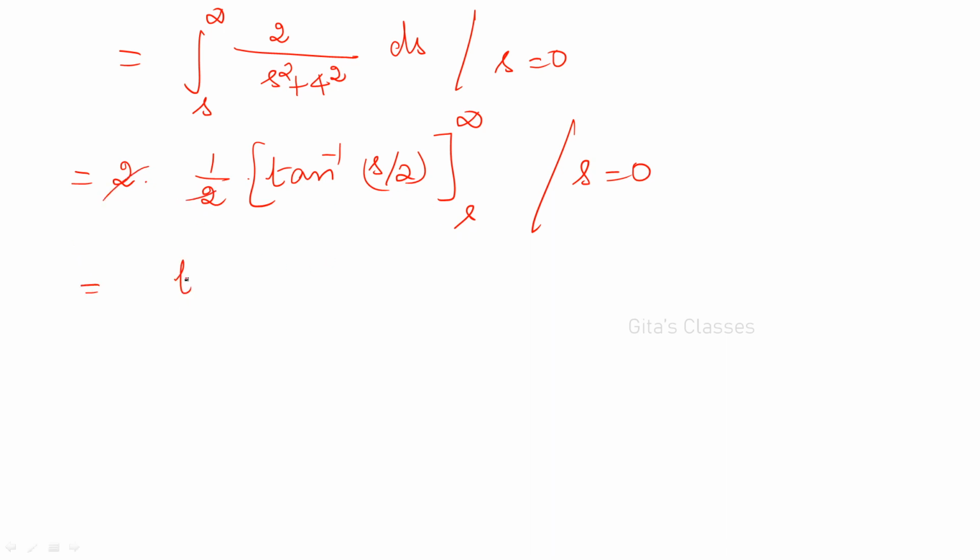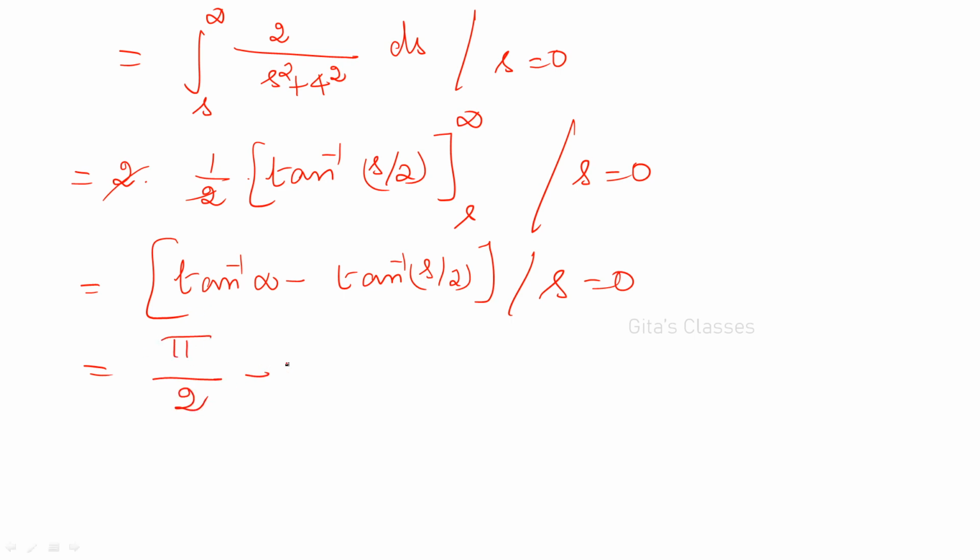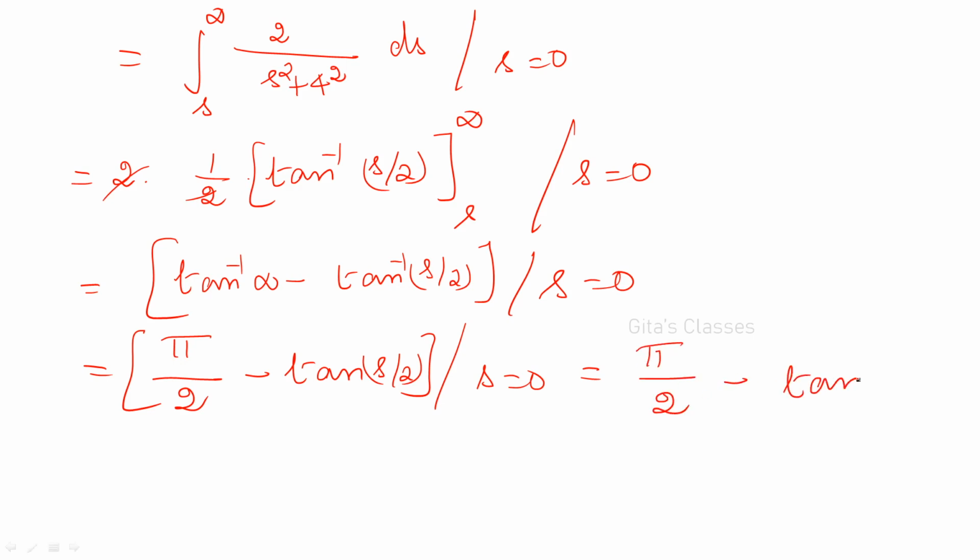Tan inverse of infinity minus tan inverse of s by 2 at the point s is equal to 0. That is tan inverse of infinity is pi by 2, minus tan inverse of s by 2 at s is equal to 0. So pi by 2 will be as it is, minus tan inverse of s by 2, where you have to substitute s is equal to 0.